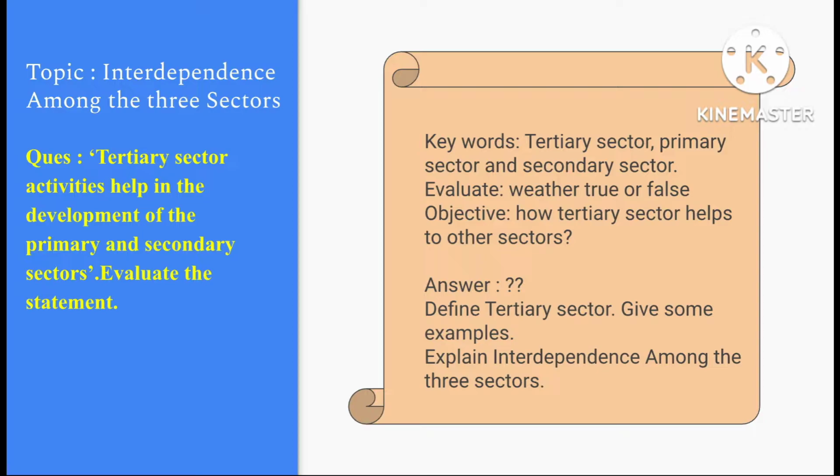So this is my first question, and the topic is interdependence among the three sectors. The question is, as you can read: tertiary sector activities help in the development of primary and secondary sectors. Evaluate this statement. Look at this word, and first we will underline the keywords.